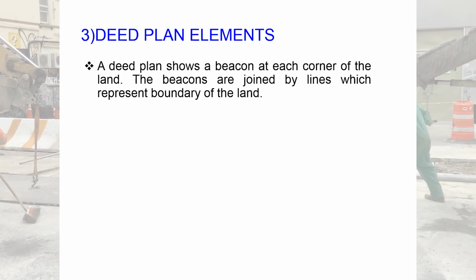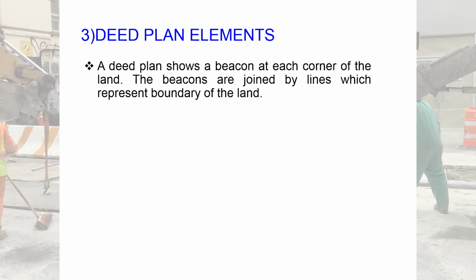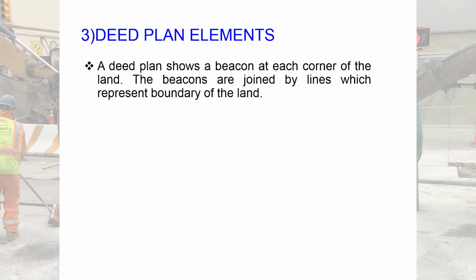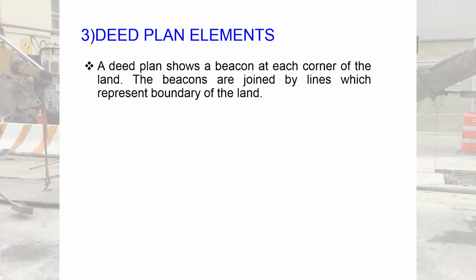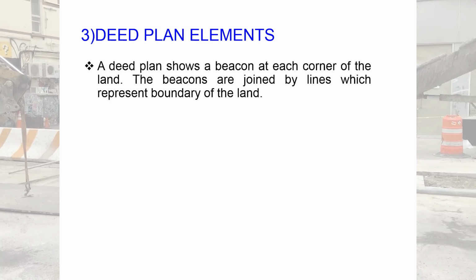A deed plan shows a beacon at each corner of the land. The beacons are joined by lines which represent the boundary of the land.